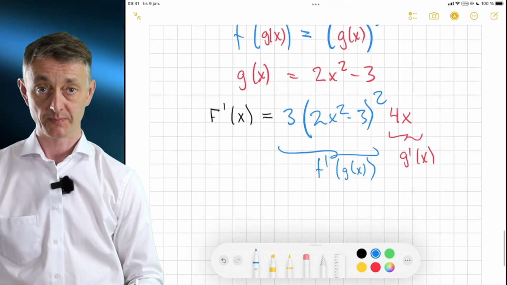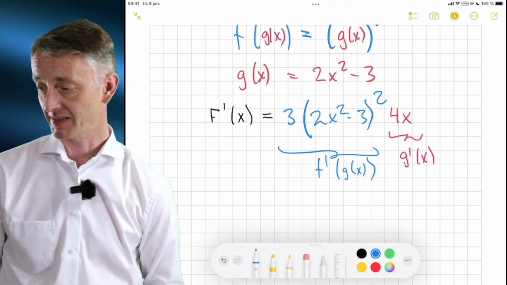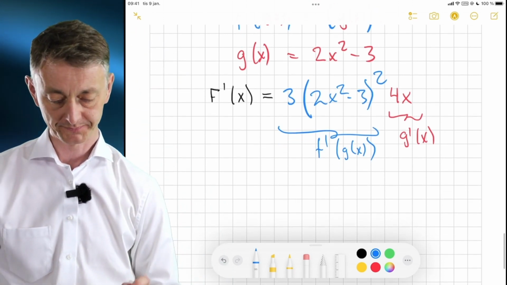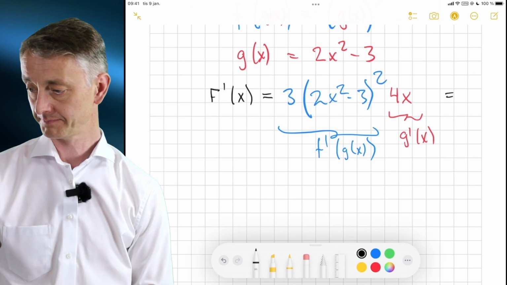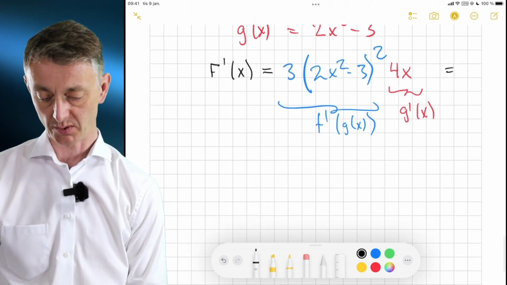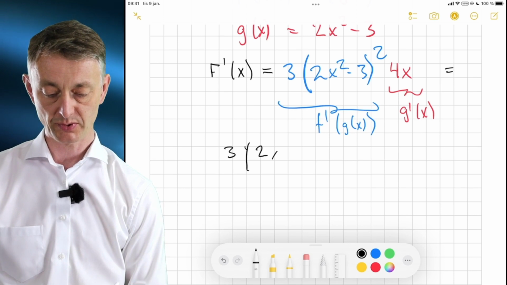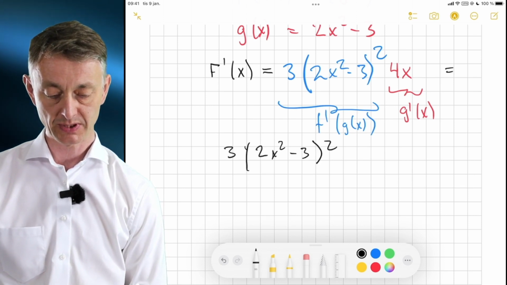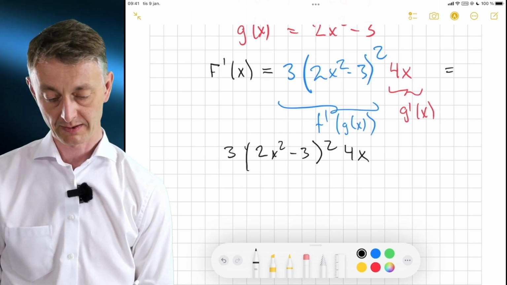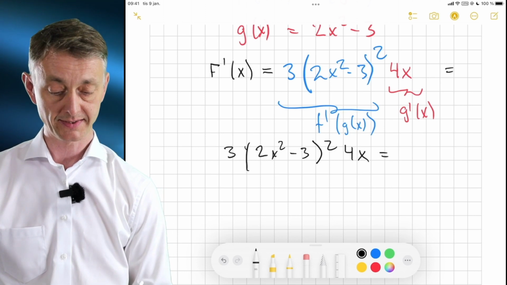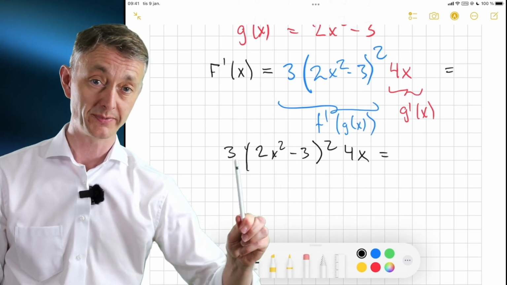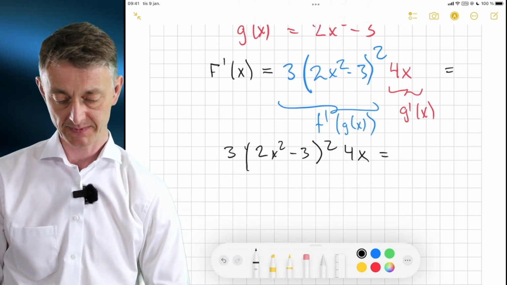And we can probably simplify this a bit more. So we have 3 times (2x squared minus 3) to the power of 2 times 4x. That is, 4 times 3 is 12, and x.